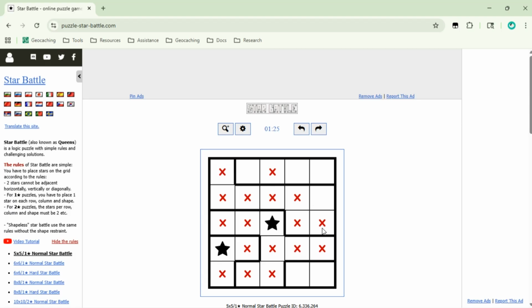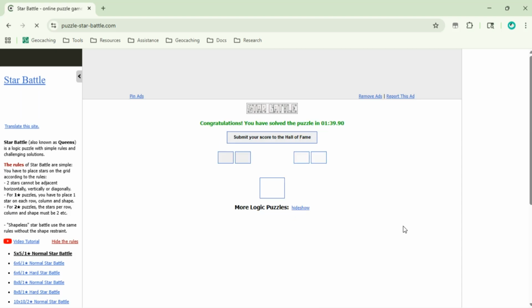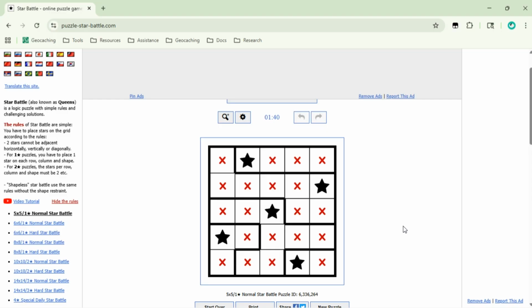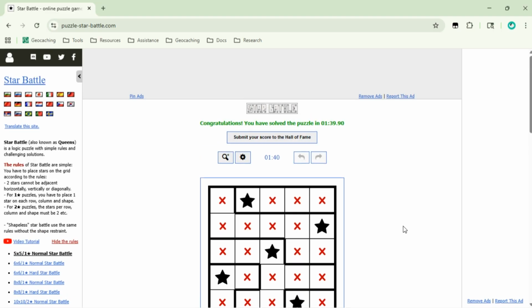This one now only has 1 option left. So this needs to be the star, eliminating again all the ones on the same row and column, and also all the neighbors, leaving only 1 star for this. And then the last option is this star for this one, and we have completed the puzzle. This is the stars puzzle. Again, simple logic rules to help you solve the specific puzzle.